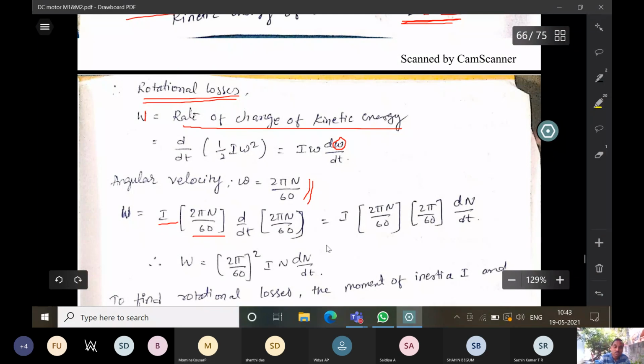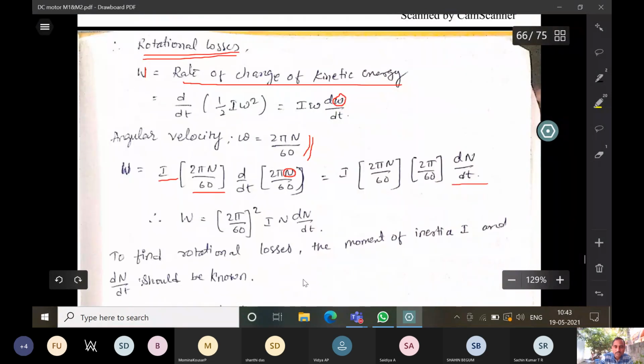So now W is equal to I into 2 pi N by 60. Take 2 pi by 60 outside, so we can write it as dN by dt. Multiplying 2 pi by 60 twice gives 2 pi by 60 squared, and the remaining term is N. So write I, and this N, and dN by dt.